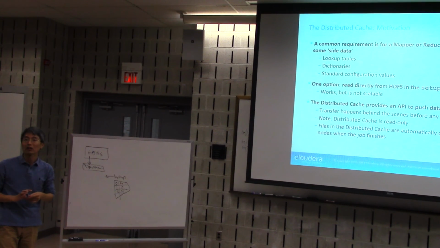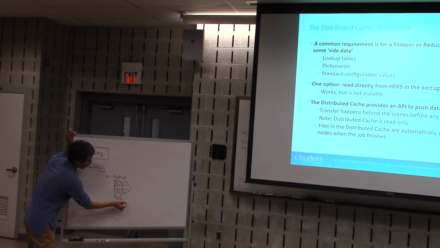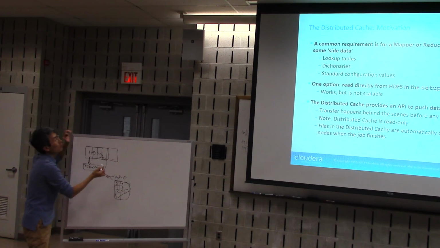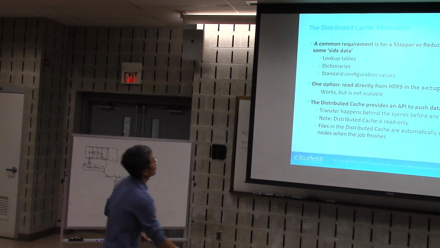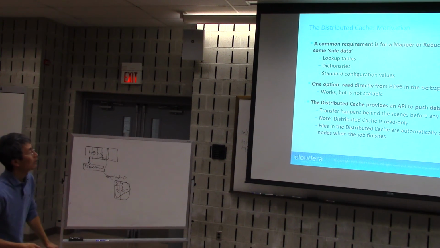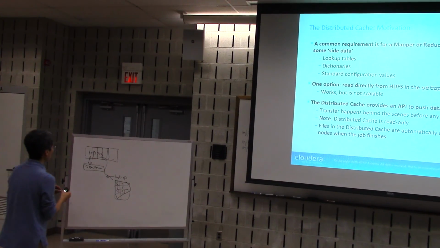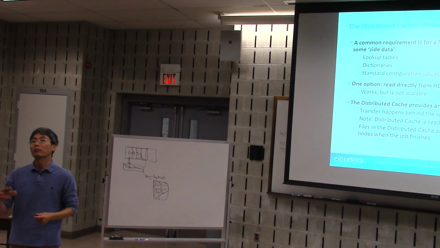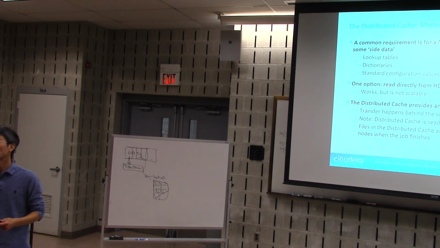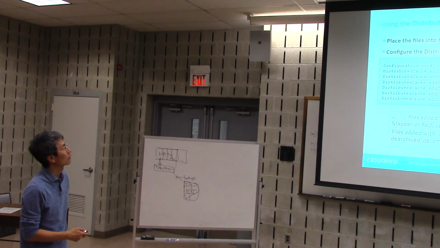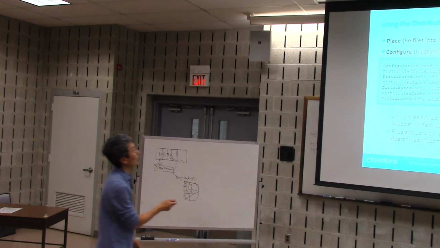At that time, you can use the distributed cache. Why? Because this lookup table, this file, is not for only one mapper. It should be accessible by all the mappers in your system. So at that time you can use the distributed cache. This distributed cache is actually based on the RMI protocol used in Java, so it can be accessible throughout the whole Java virtual machine. For example, you can define the configuration.